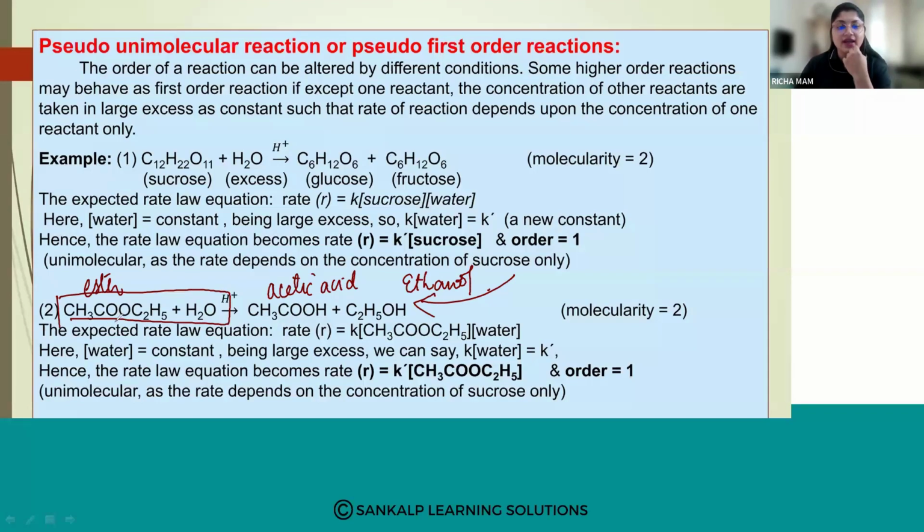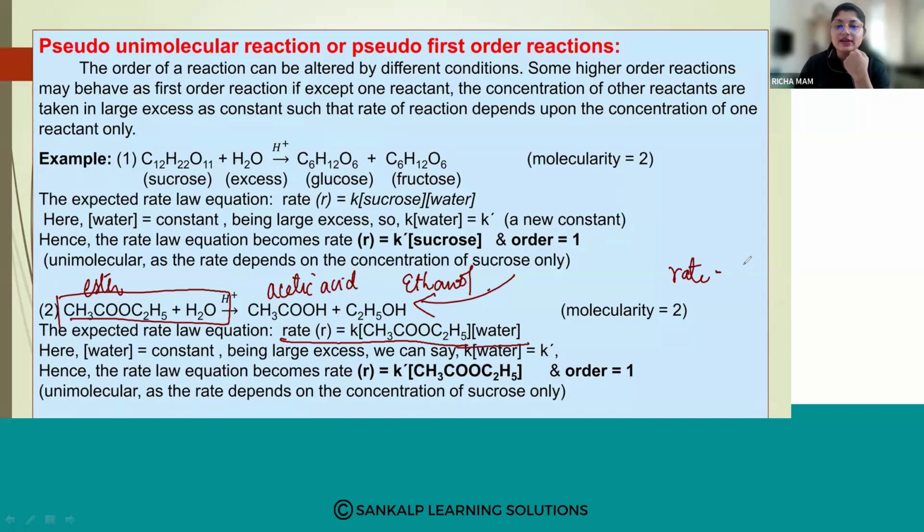So it is a bimolecular reaction, and theoretically the rate equation is given as rate equals k into the concentration of ethyl acetate and the concentration of water. So theoretically, how is the rate given?